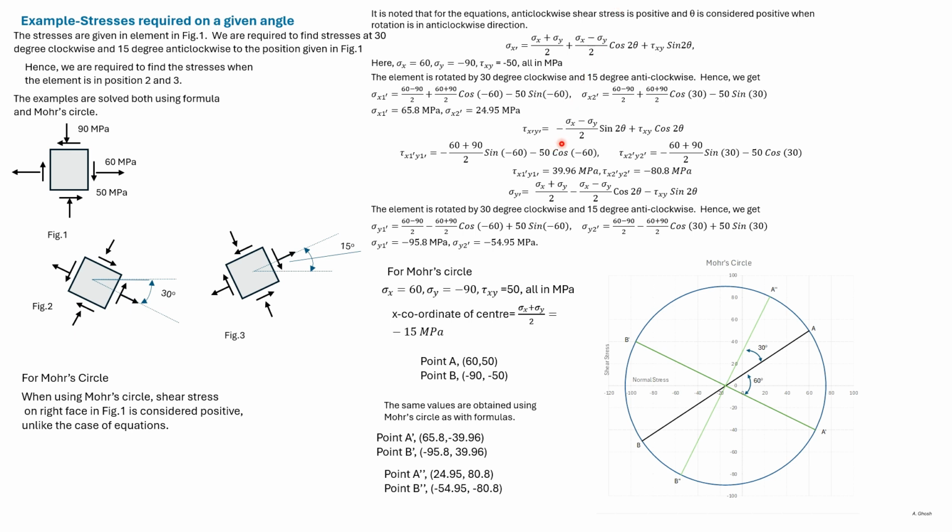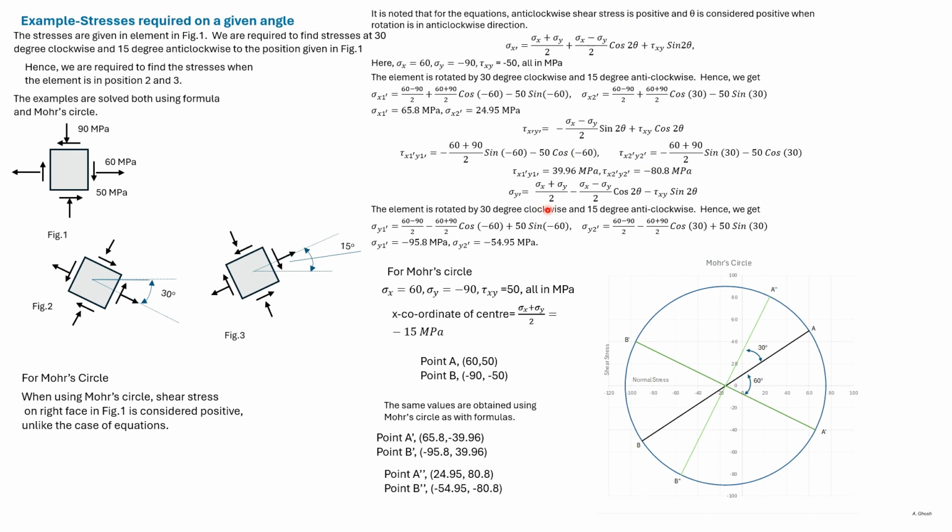Tau x dash y dash is given by this formula. Again, we substitute 2 theta as minus 60 for the 30-degree clockwise rotation and 2 theta as 30 for the 15 degrees anti-clockwise rotation. So we get tau x dash y dash 1 and tau x dash y dash 2.